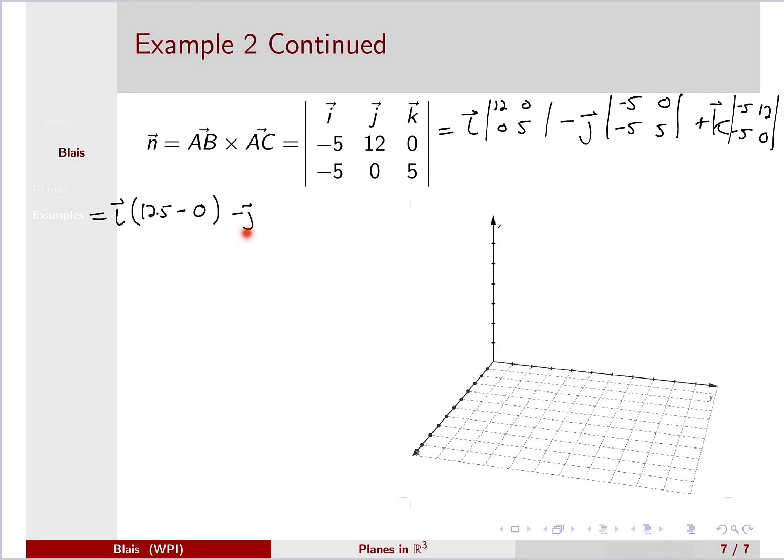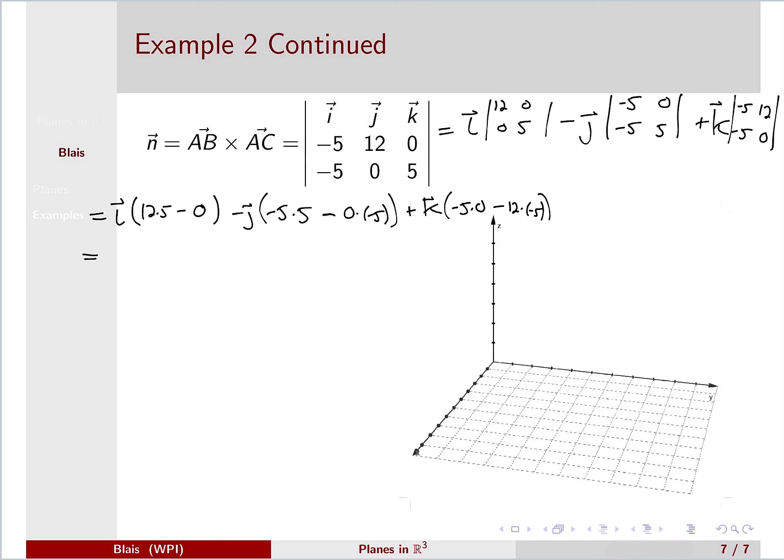We then have minus j times top left minus 5 times bottom right 5 minus 0 times minus 5. And then finally, for the k coordinate, we have minus 5 times 0 minus 12 times negative 5.